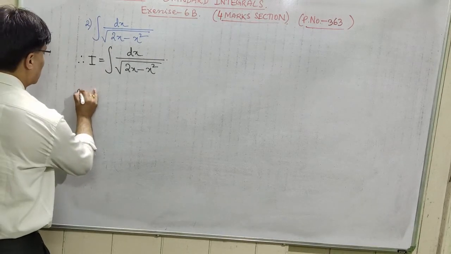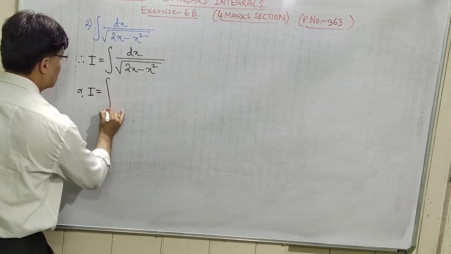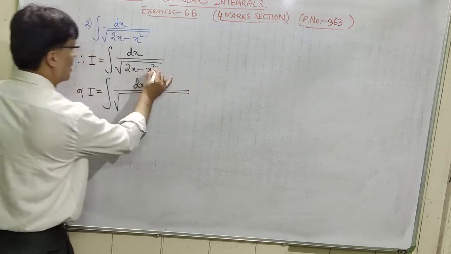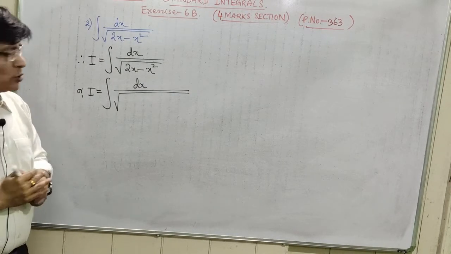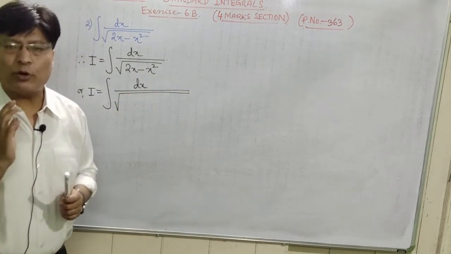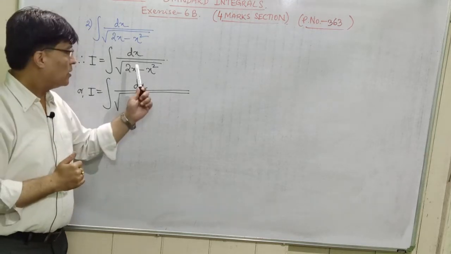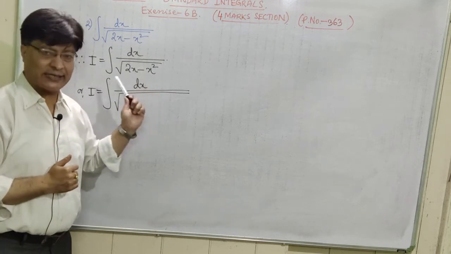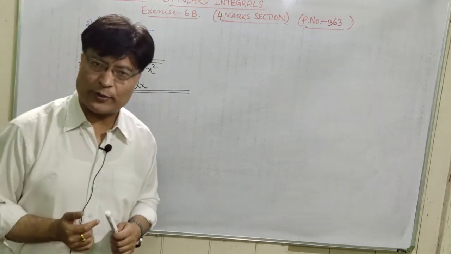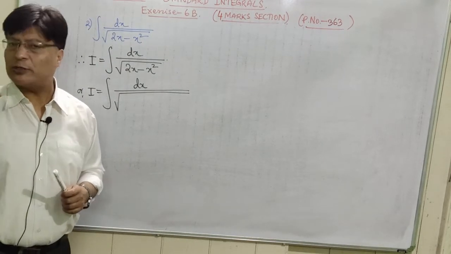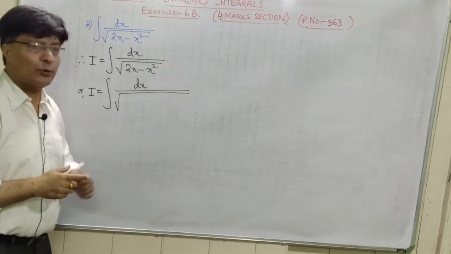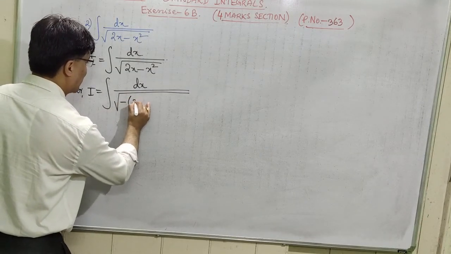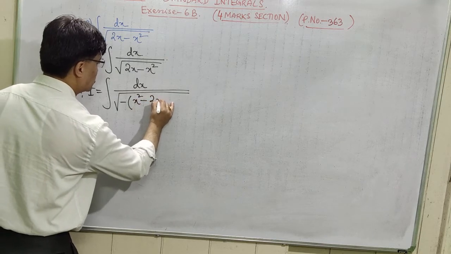So I is equal to integration of dx divided by within square root. Now you have to convert into a standard form. Both the terms contain x square and x. So you have to convert into perfect square form, a square minus 2ab plus b square form. Before that, make the coefficient of x square positive 1. So here minus is taken common within bracket, x square minus 2x.